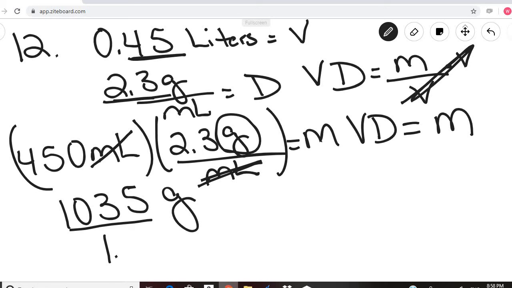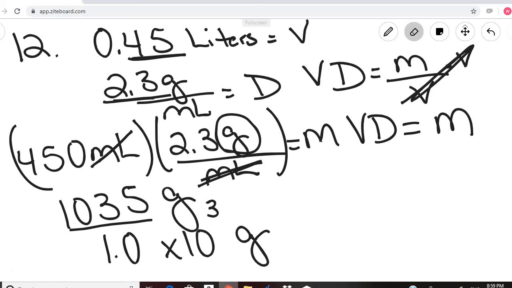So this would be 1.0, there's our two significant figures, times 10 cubed grams. Okay, so that finishes up the extra practice problems for chapter 1.